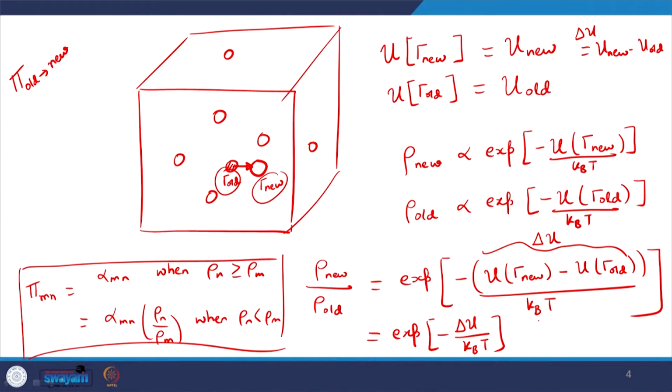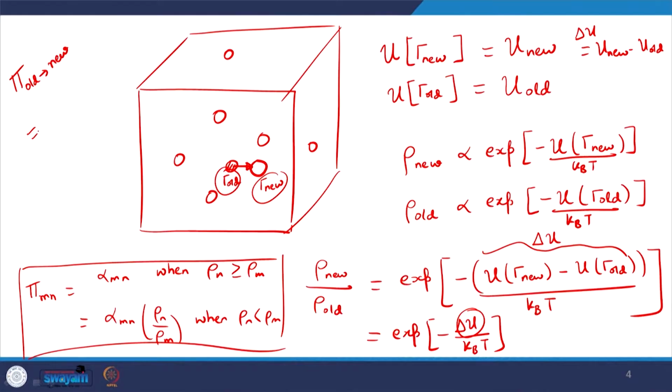And when will that happen? That will happen when delta u is less than 0, because when delta u is less than 0, then this exponential quantity is going to be larger than 1. That means the rho nu is more than rho old. So, this quantity will be alpha, and now it is a symmetric matrix.